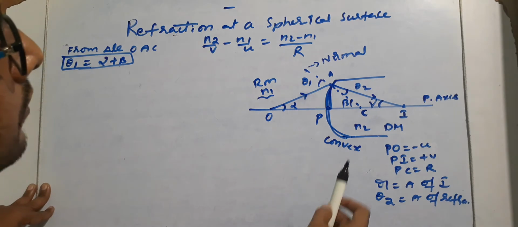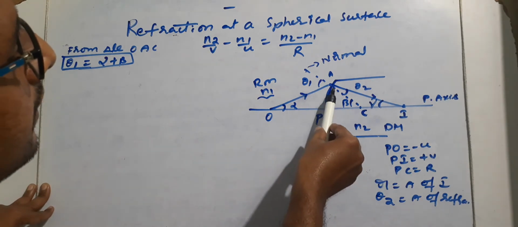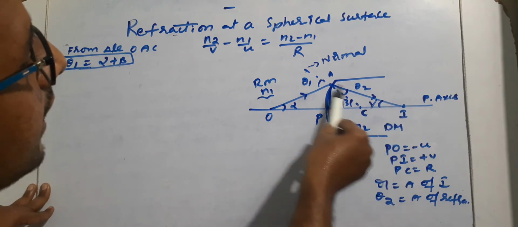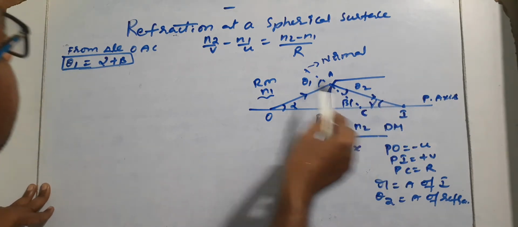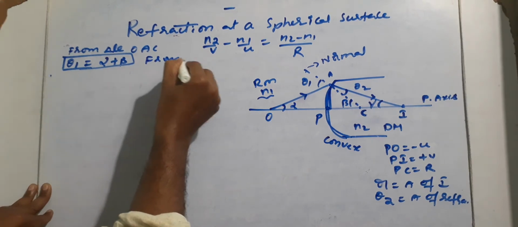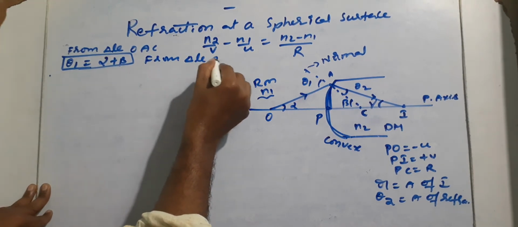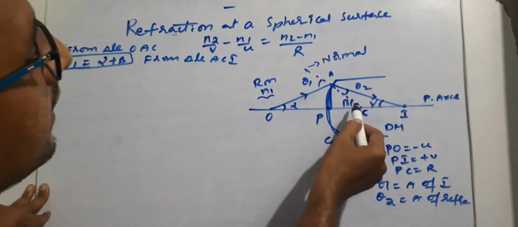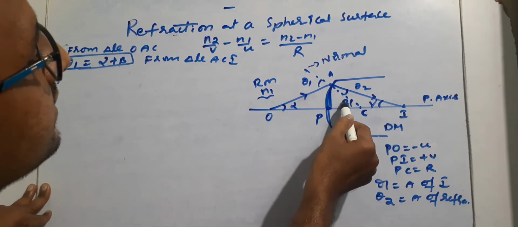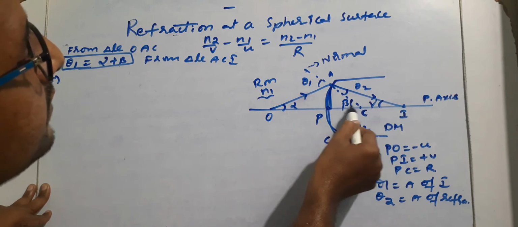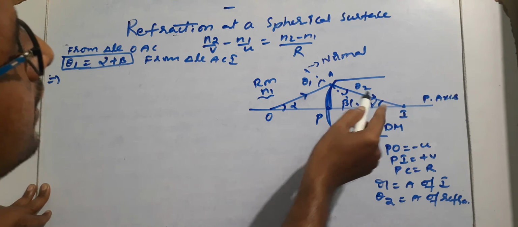Next we are taking triangle ACI. In ACI, the exterior angle is beta, and the interior angles are gamma and theta 2.